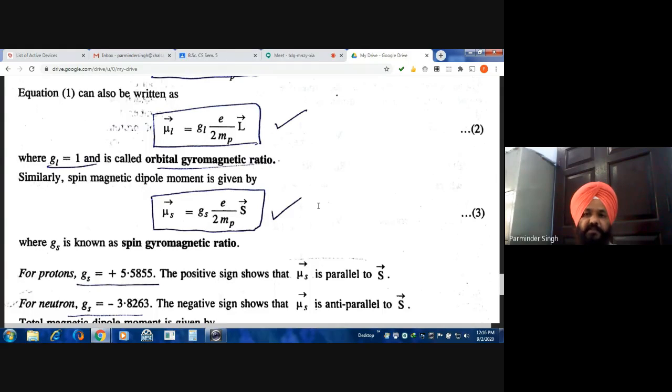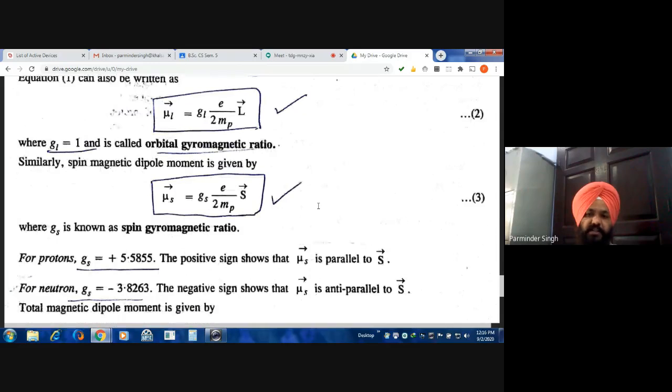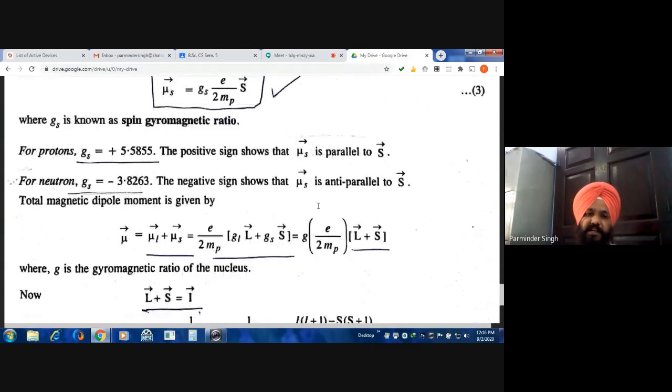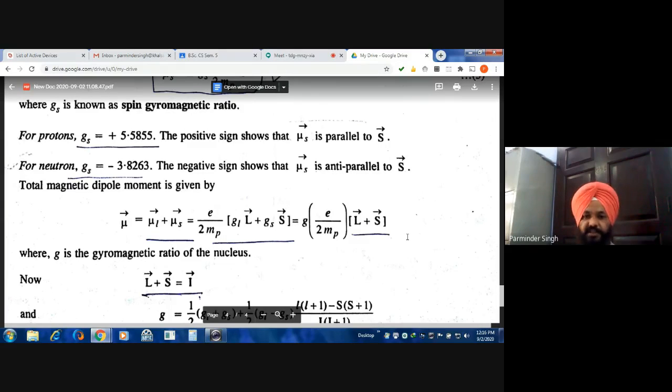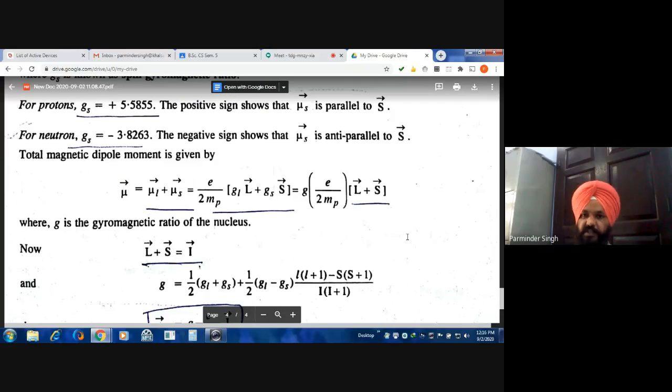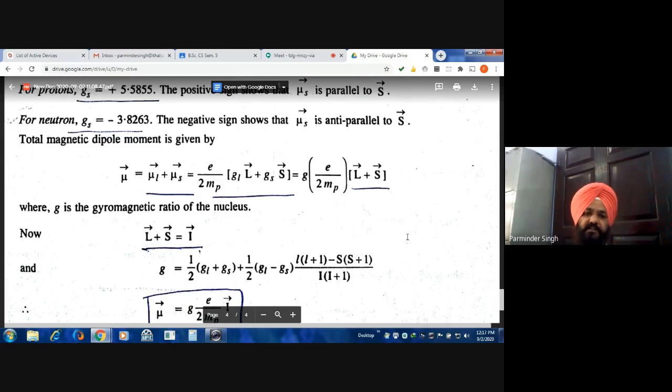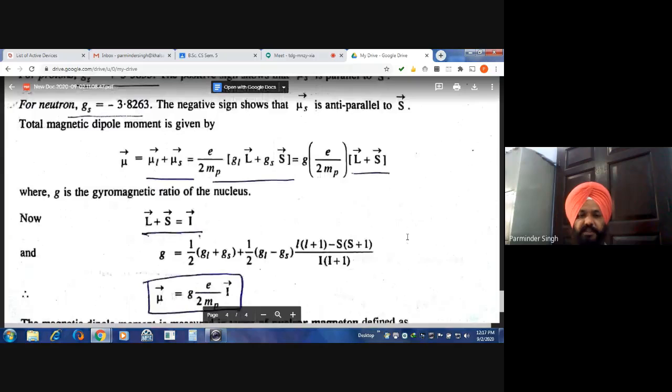So we can sum up equation number 2 and equation number 3 to find out the total magnetic dipole moment. The total magnetic dipole moment is the orbital magnetic dipole moment plus the spin magnetic dipole moment, μL vector plus μS vector. If we sum this up, we can calculate it very easily: it is G into E by 2mp into L plus S. Capital L is the total orbital angular momentum, capital S is the total spin angular momentum.